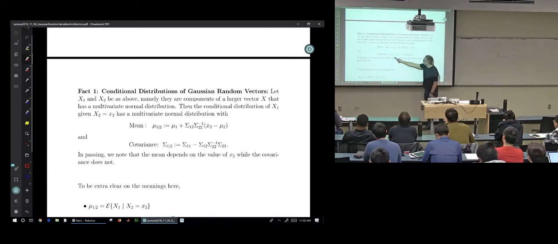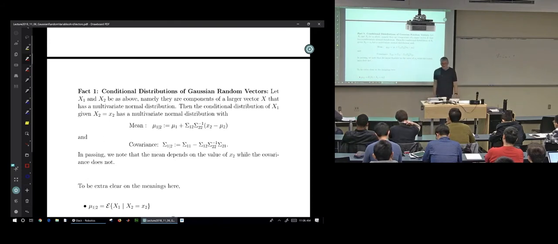Okay, so this matrix is smaller than this one because we're subtracting off a positive semi-definite matrix. All of its eigenvalues are smaller. So that's the conditional covariance.